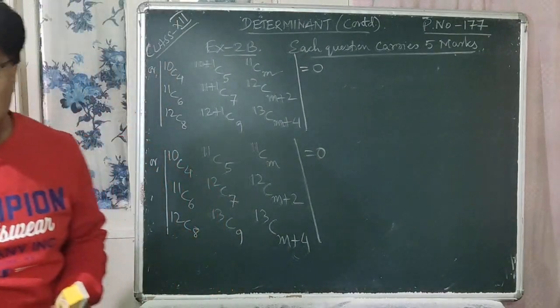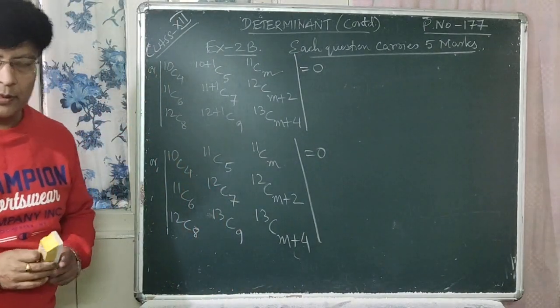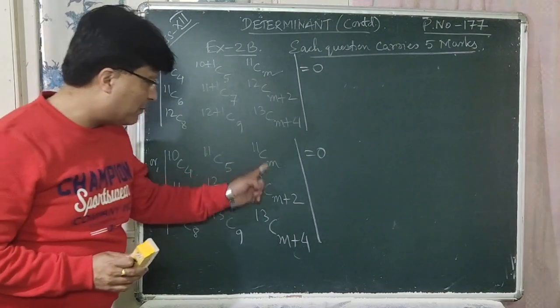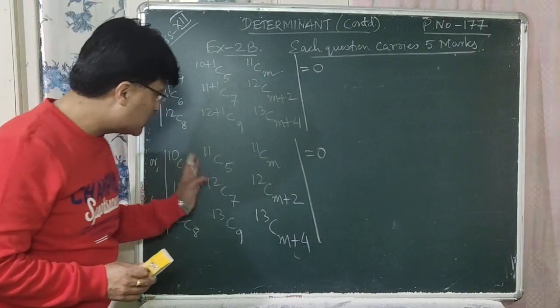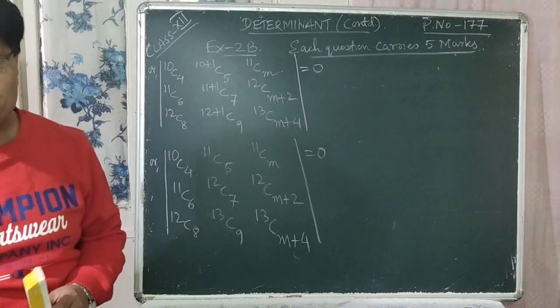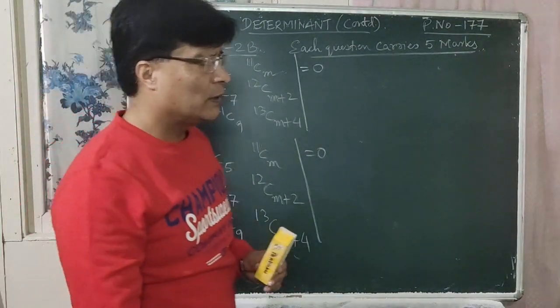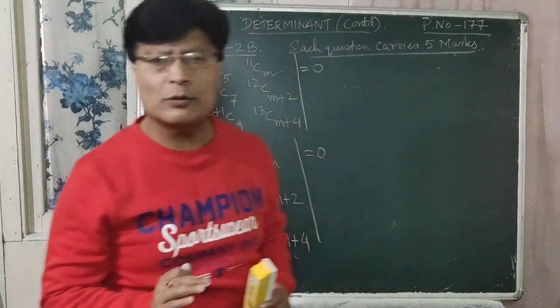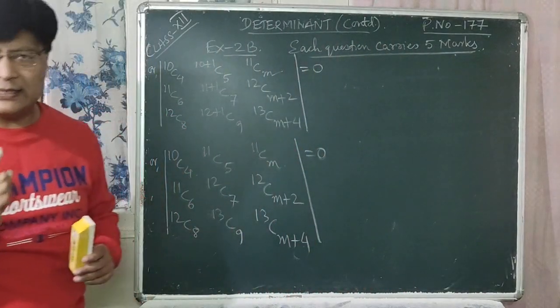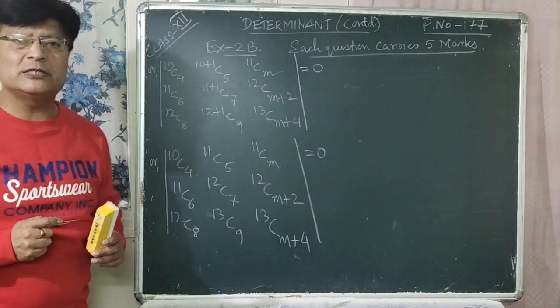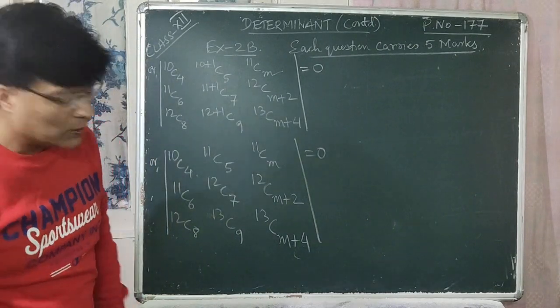Now what is asked in the question? You have to get the value for m so that the value of this determinant is equal to 0. So you know that problem number 3, if two rows or two columns of a given determinant are identical, then the value of the determinant is always 0.